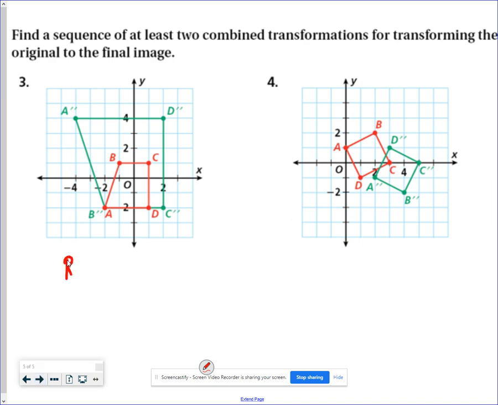So if we would reflect over the x-axis, that would, let me just use the blue, that would put C prime right here, and D prime is 2 below the x-axis, so D prime is going to be up here. A is going to be here, and B will be right there, so 1 below.